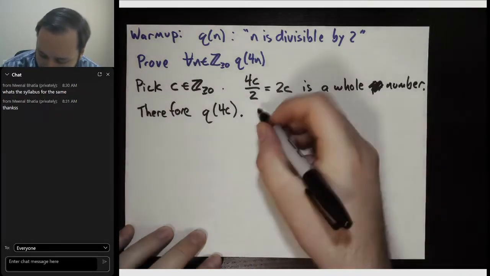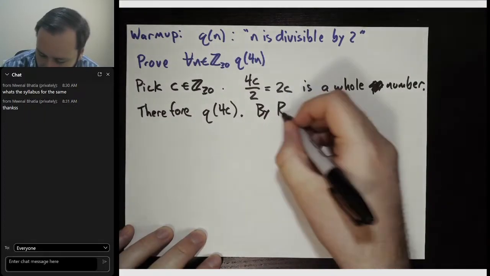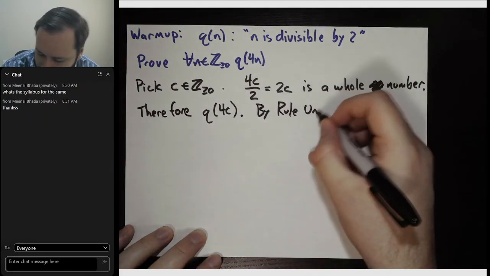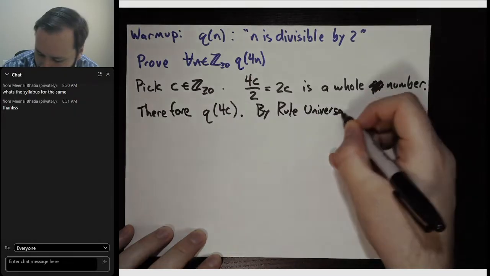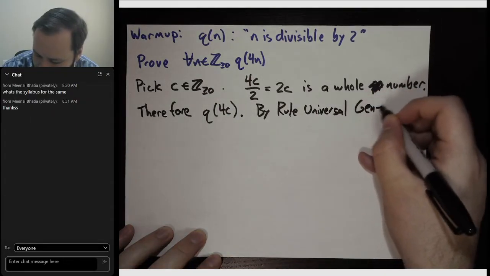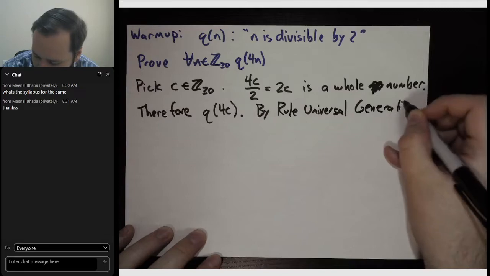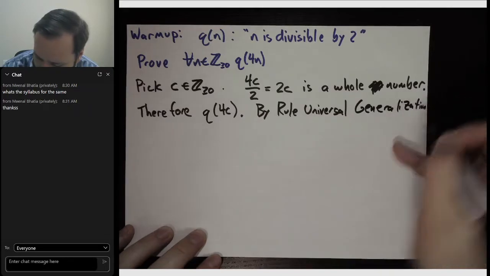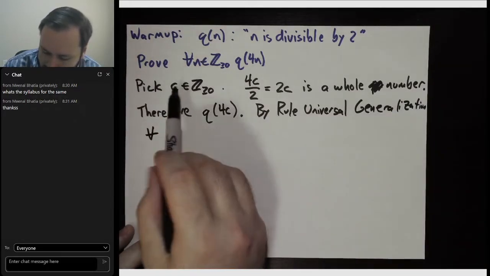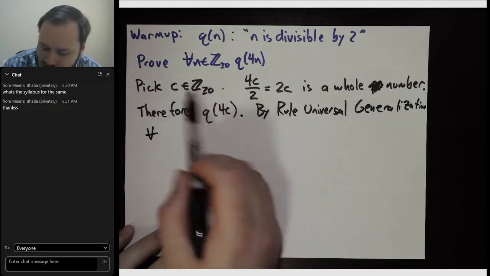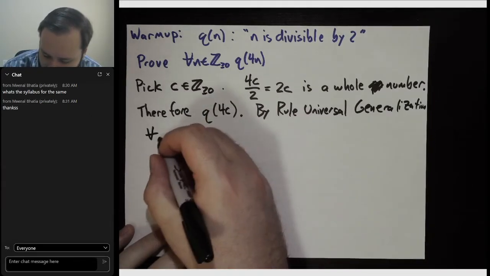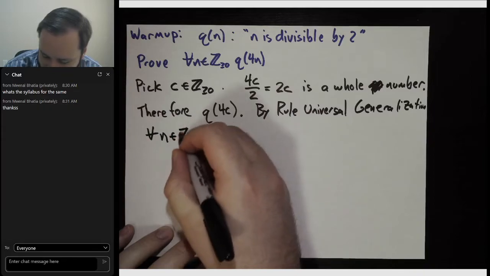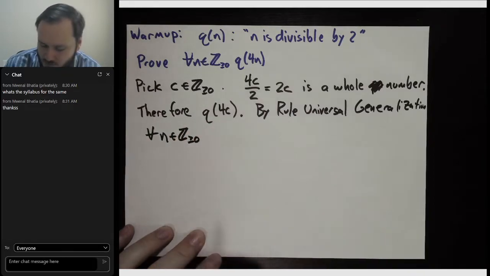And now, by the rule of universal generalization, for all, because I picked an arbitrary c in my universe, for any n in the same universe, the same exact proof would work.